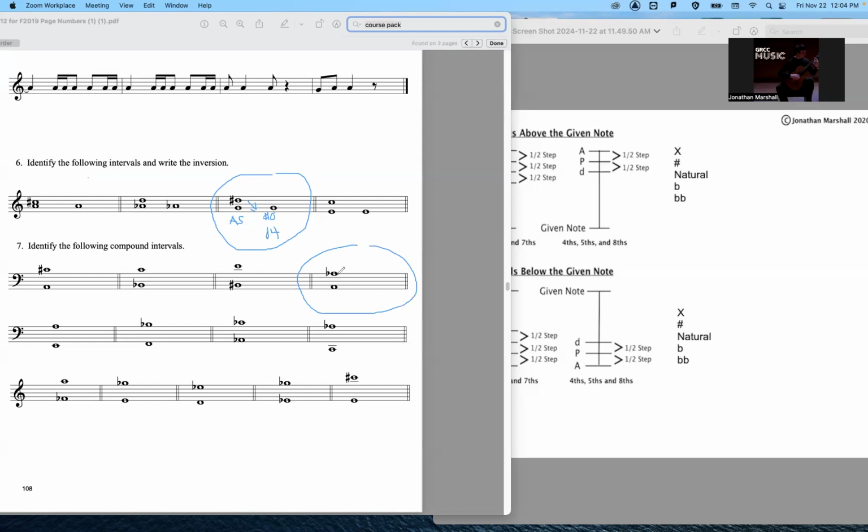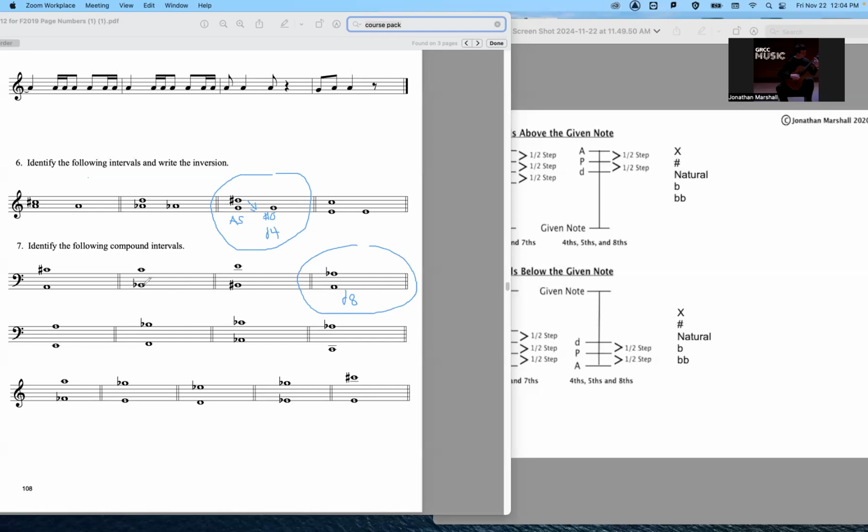Kind of tricked you a little bit. If this were a perfect eighth, that A would be natural. However, it's flatted, giving us the diminished 8 there. That's not technically a compound interval because it's up to an 8. The rest are though.